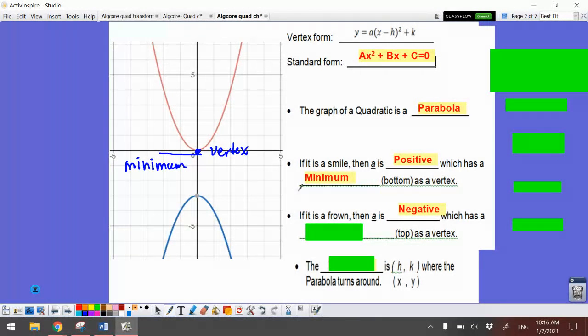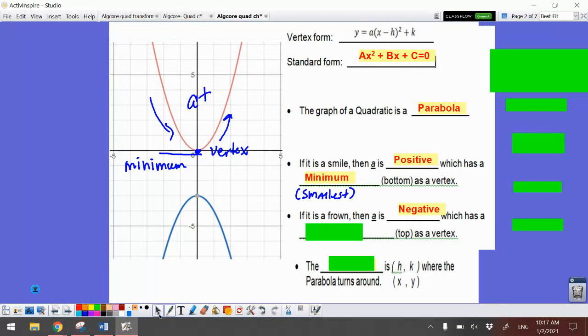Okay, and the minimum means it's the smallest number. And it's going to be the bottom of the parabola because the parabola is going to come down and then go back up. So on this one, a is positive. Well, if we have a frown, we already know that that means there's a negative involved.